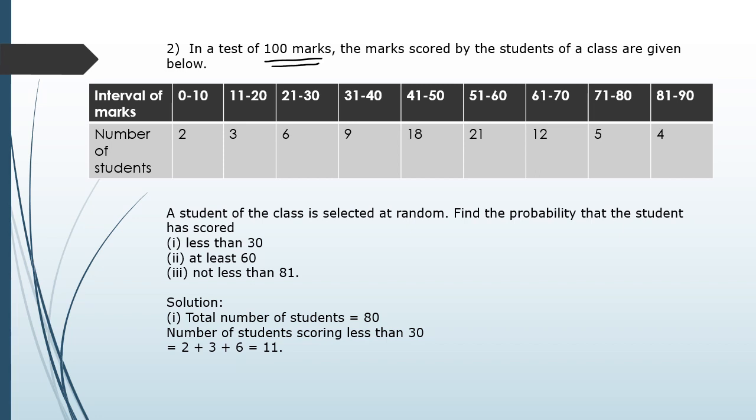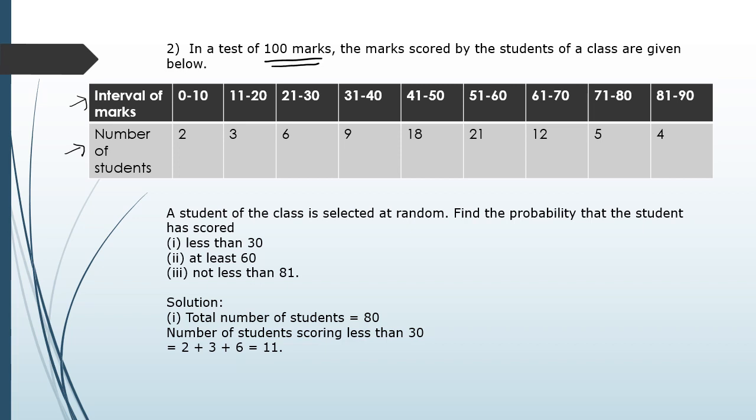If you see the table, we have two rows in it. The first is the interval of marks, and then we have the number of students. Interval of marks, as in 0 to 10, 11 to 20, which means the number of students who have scored marks between 0 to 10.